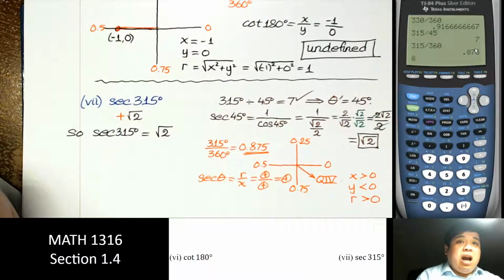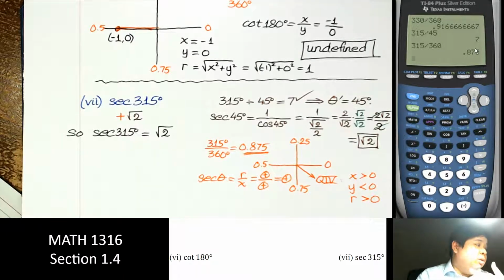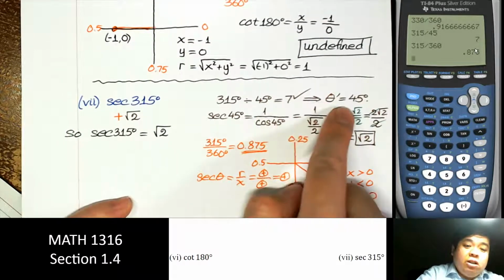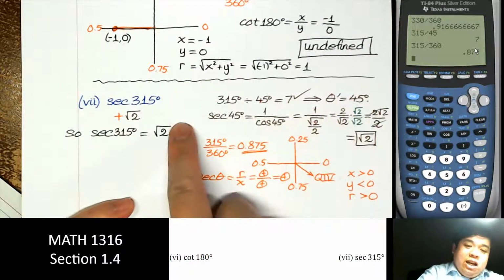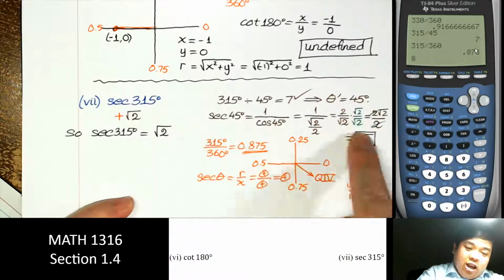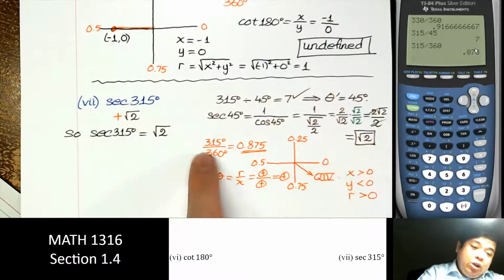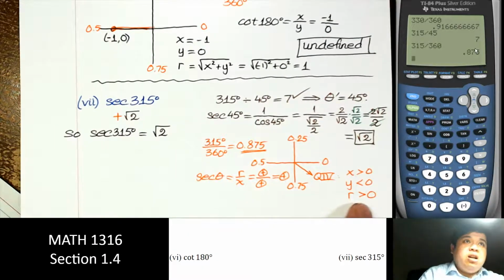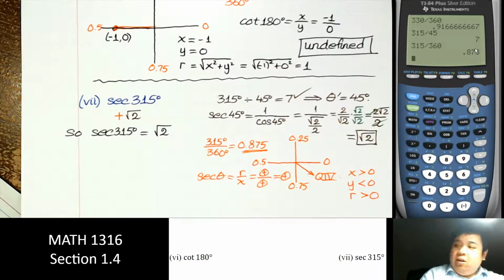If it's not divisible by 90, try 60. If 60 doesn't work, go to 45. If 45 doesn't work, go to 30. If it is divisible by that number, that will be the reference angle. And we find the trig values for that reference angle. And then we use the quadrant to determine the sign.